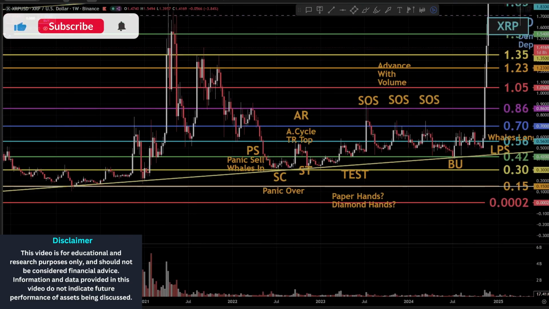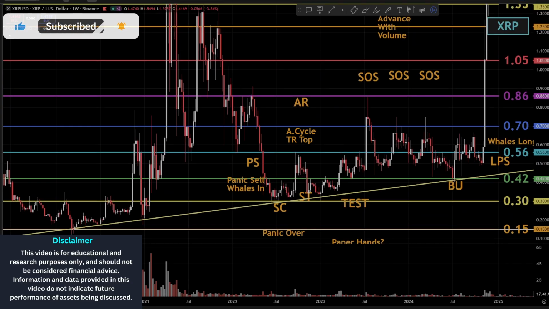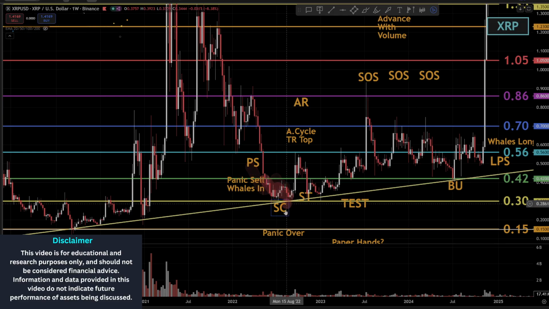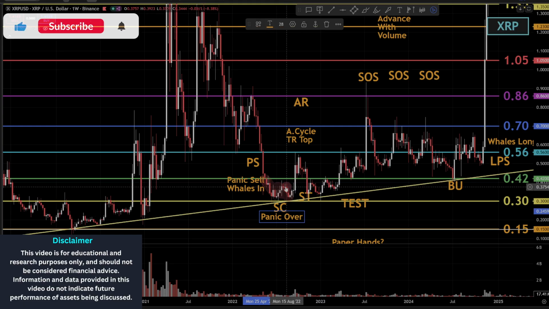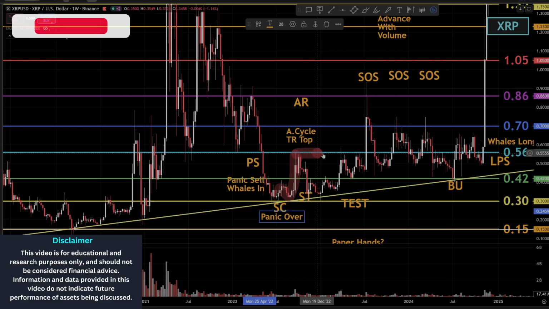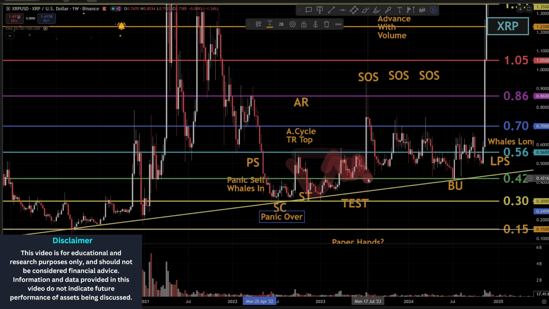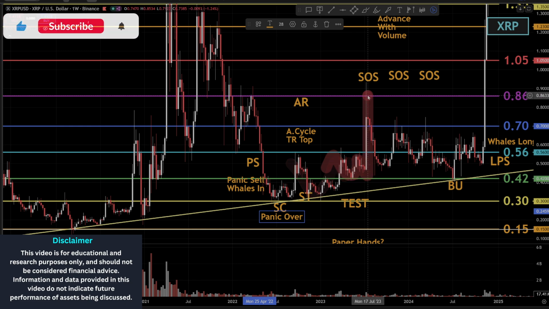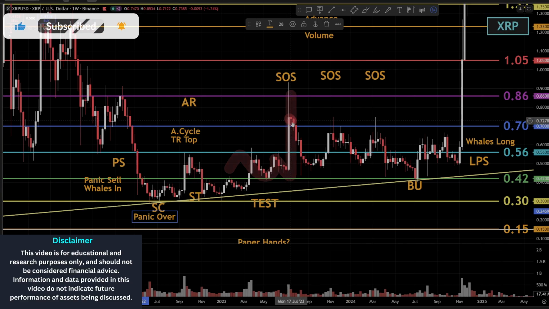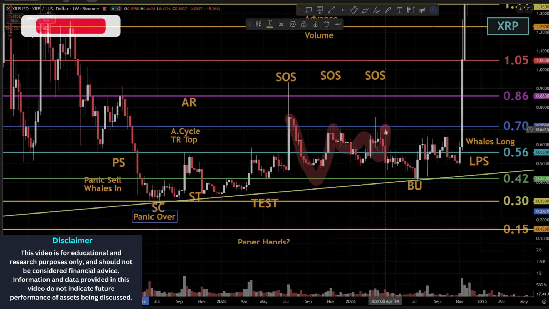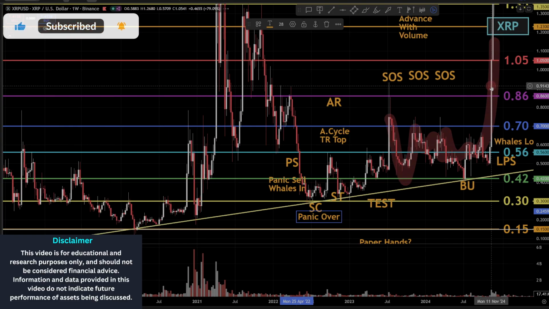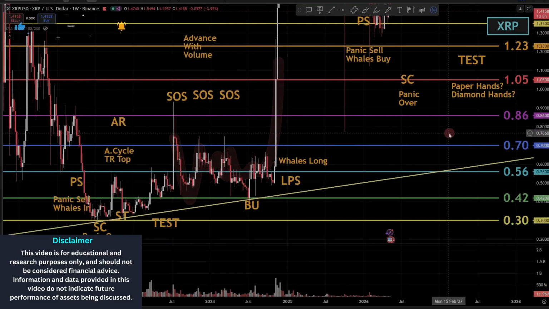Look at this cycle over here. Initially it came down and took a pause, and then eventually the panic was really over. There is a rally setting the trading range top for the accumulation cycle. After 2 rounds of retesting, finally the true volume, the true sign of strength, came in, and eventually it gets to the next distribution.